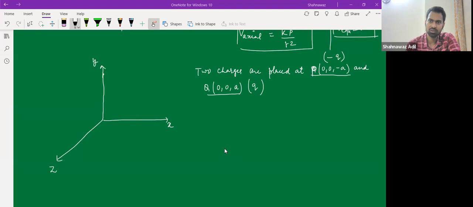The direction which is going inside that screen. So the screen is XY, outward is Z, inward is what?